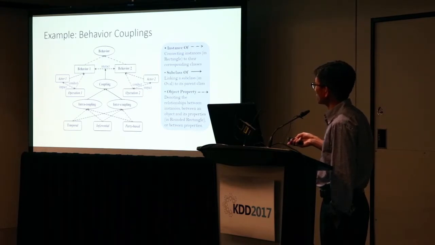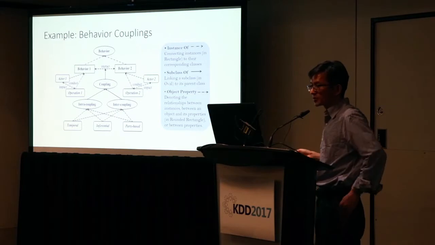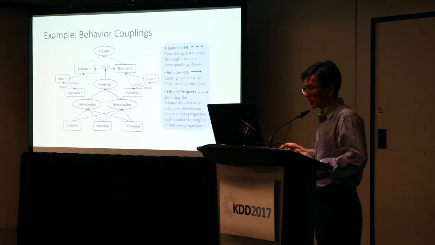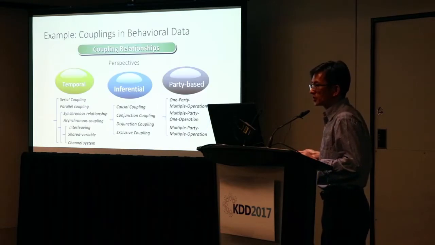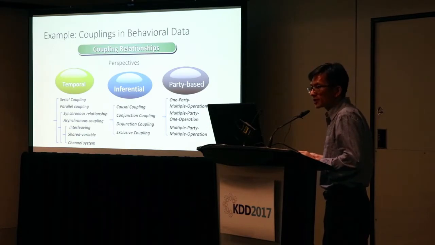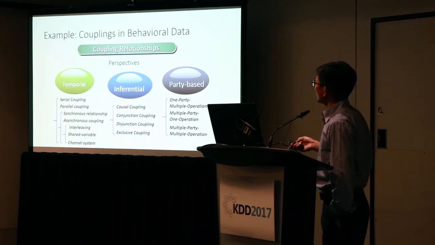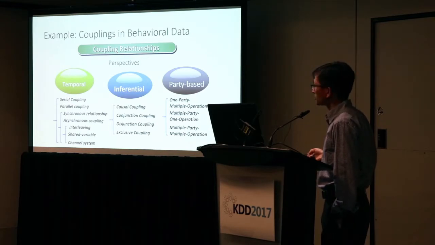Related to the actors, it could be between subject 1 and subject 2, object 1 and subject 2, right? And then operations as well. So you come up with what we call intra-behavior coupling relation or inter-behavior coupling relation. And this kind of relation, if we look at behavior in different kinds of systems, could be from a temporal perspective, or from an inferential or party-based perspective.